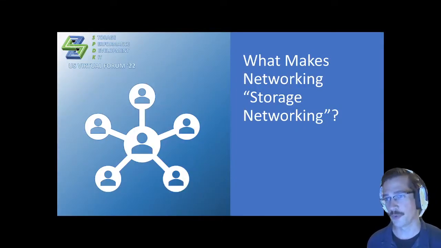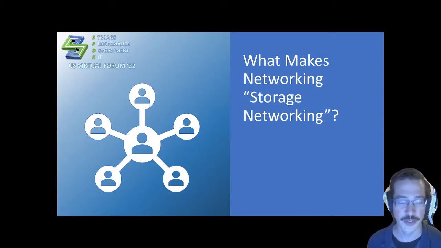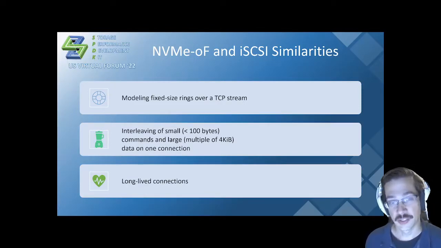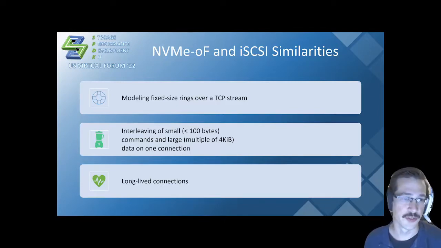So first, what makes storage networking? I think that's a great question. For me, for storage networking, there's always some sort of fixed size queue or ring being modeled over the TCP stream. There's a limited number of slots in this ring that you can send messages in, and it's flow controlled that way.